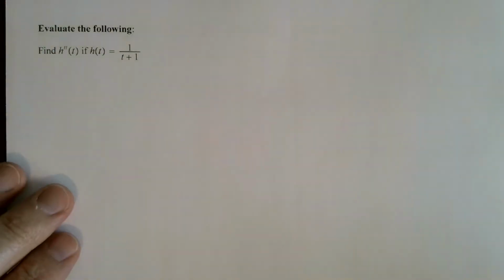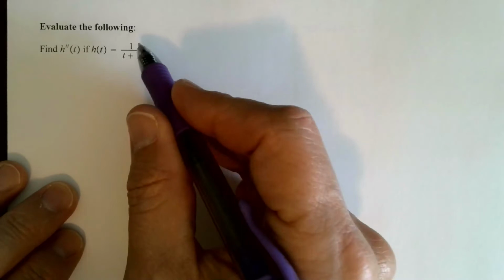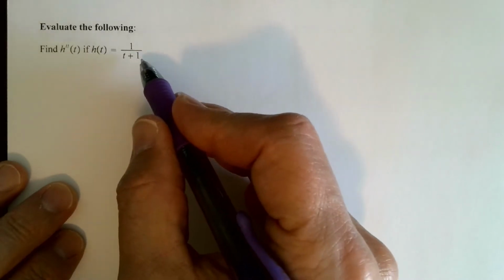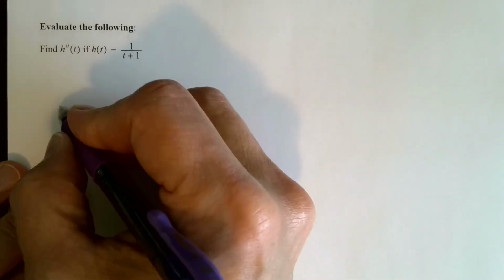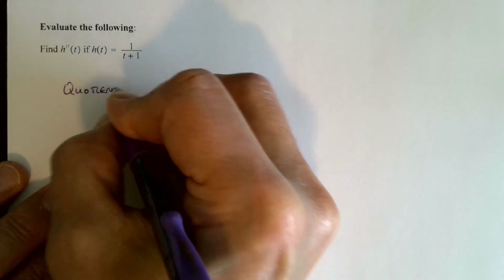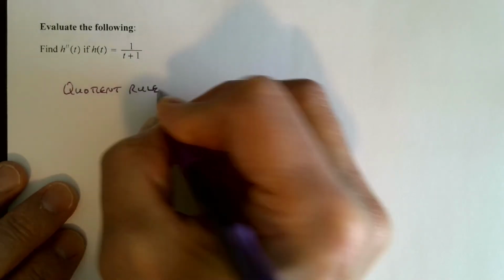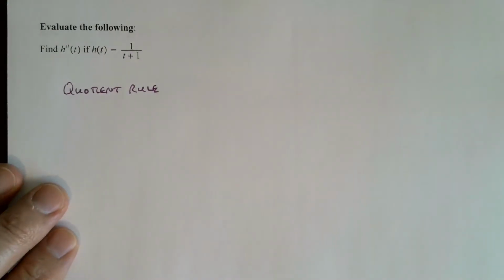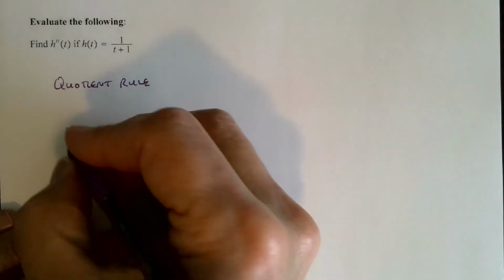And how can we do that? Well, we can do that with the quotient rule, because I have 1 divided by t plus 1, right? And so I'm going to use the quotient rule here. That's a rule we just looked at in the last set of lecture videos before this one.